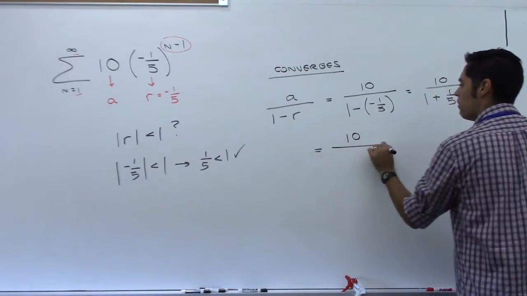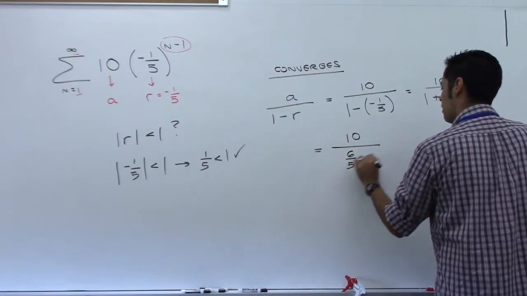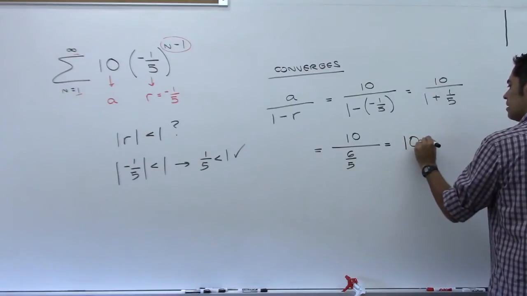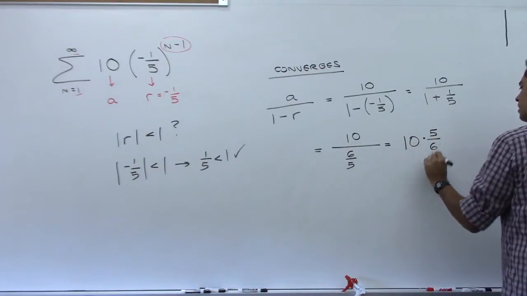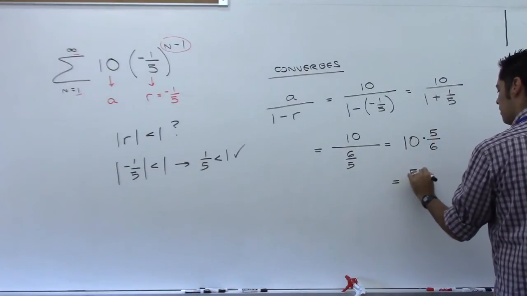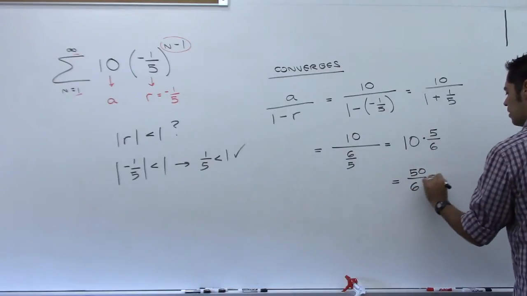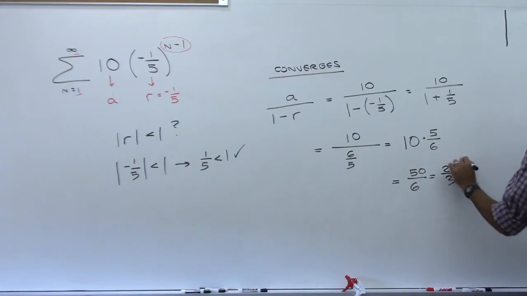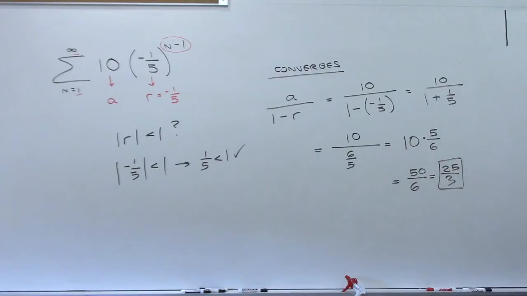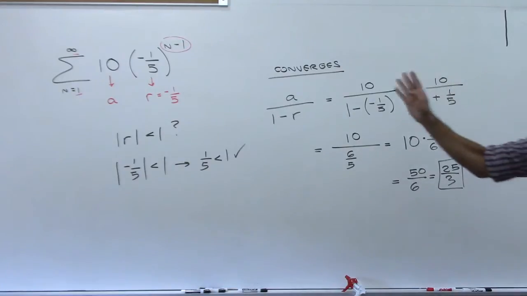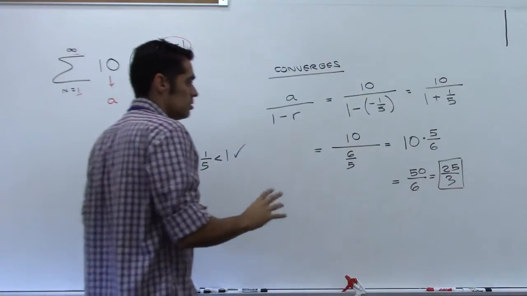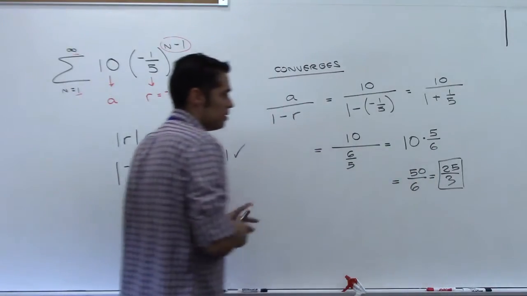So 10 over 6/5, which is the same as 10 times 5/6, which is 50 over 6. 2 goes into each of those, 25/3. So that series is converging. If you were to add those up using that same pattern forever, it would get closer and closer and closer and closer to 25/3.